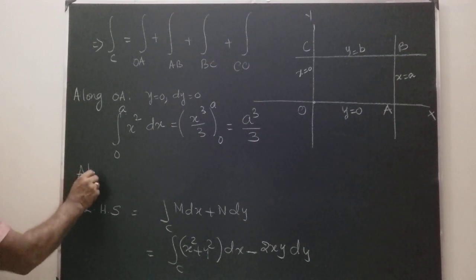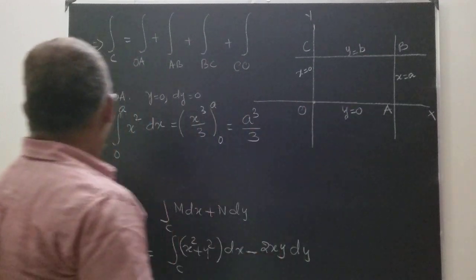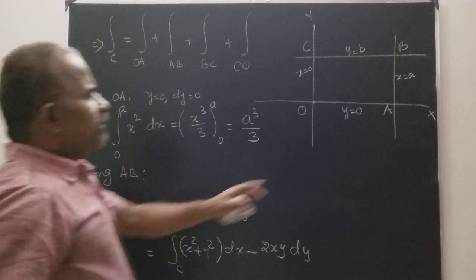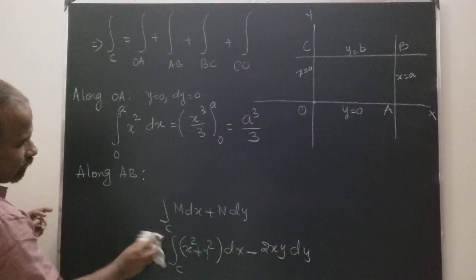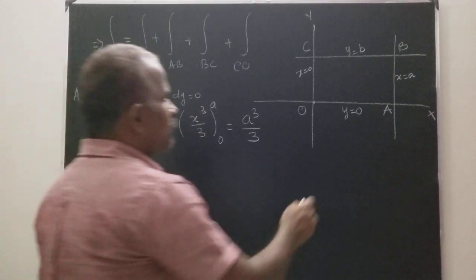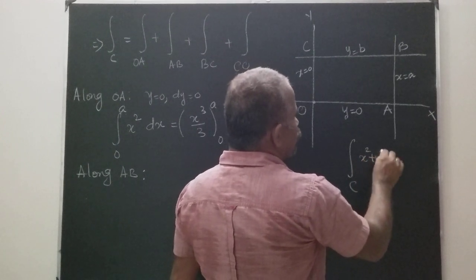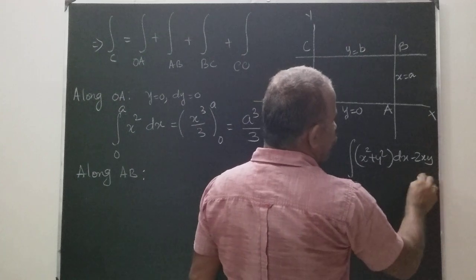Along AB, here what is constant? X is equal to constant. The integral over C of (x square plus y square) dx minus 2xy dy.